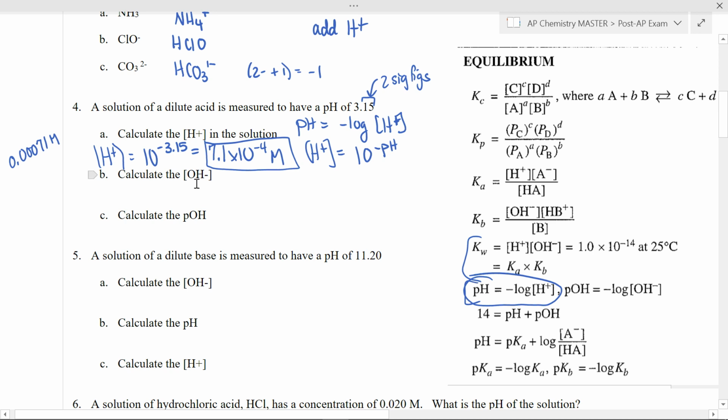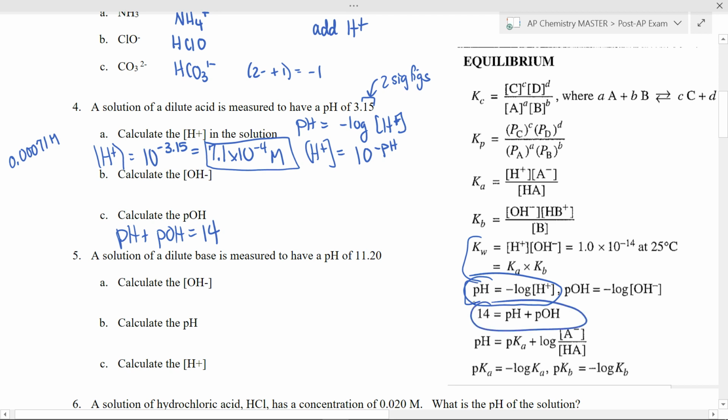All right, and I'm going to calculate the OH. There's a couple ways you could do this. I could use this relationship: H plus times OH minus is 1 times 10 to the -14. So now that I know H plus, I can solve for OH minus. Another option is I could calculate pOH first, and I'm actually going to do that. I know that my pH plus my pOH is 14.